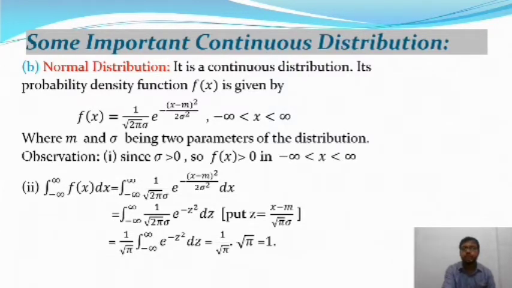The first one is f(x) is greater than 0, and the integration from minus infinity to plus infinity of f(x) dx gives 1. So these two distributions I have already discussed, that is the uniform distribution and the normal distribution. Both are probability density functions, and both satisfy the fundamental properties of a continuous distribution function.